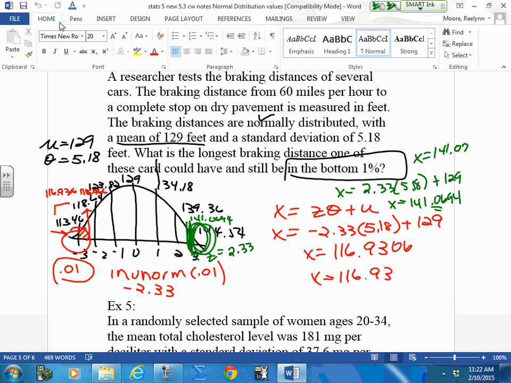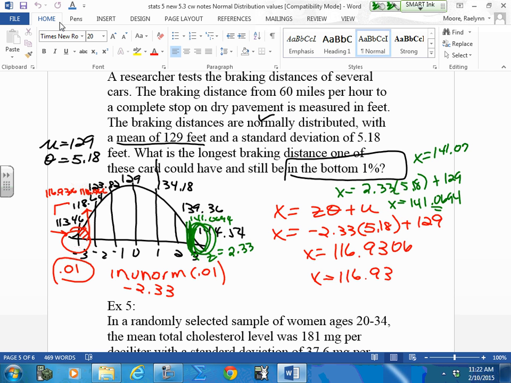Yes, you can. I wouldn't give you this as a problem because you have to think about it. In this case, it's better to have a smaller number than a larger number. To me, it would be. For your braking distance, you would rather stop in 100 feet than 200 feet, right?